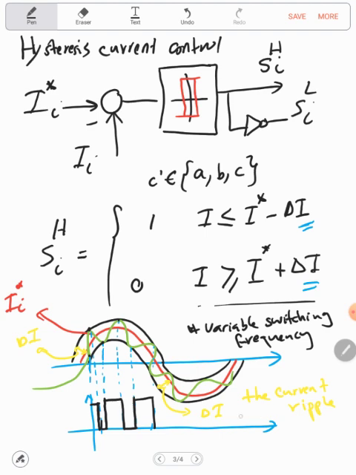Now, the ripple current is decided by the window. If the window is very, very small, then the ripple current is reduced, but the switching frequency will be very high.